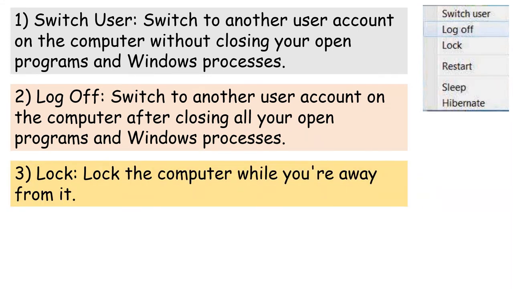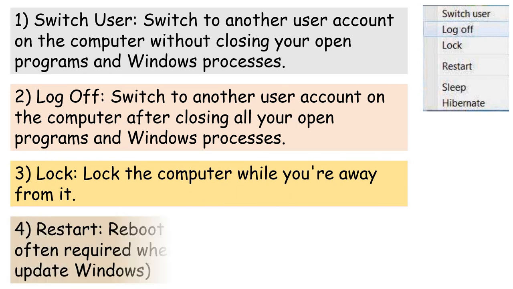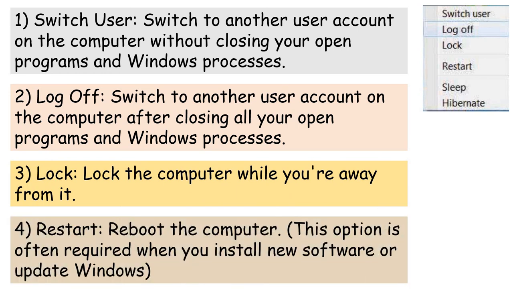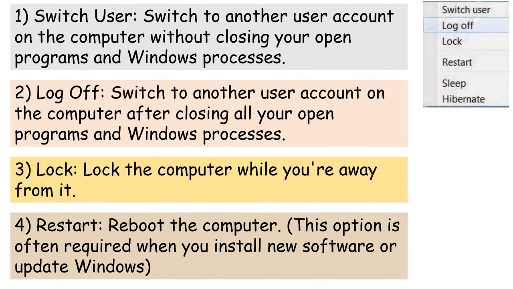Lock the computer. You can use this option while you are away from it. Restart, which means rebooting the computer. This option is often required when you install new software or you update your Windows operating system.